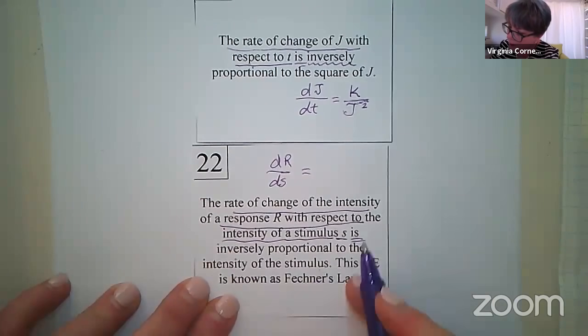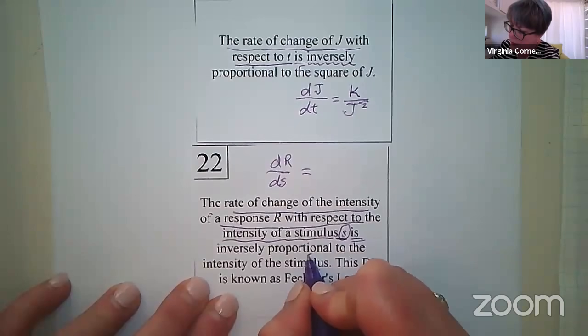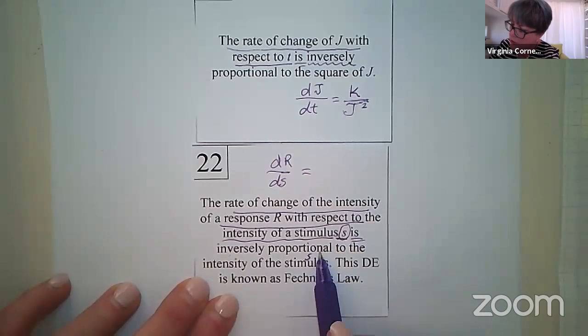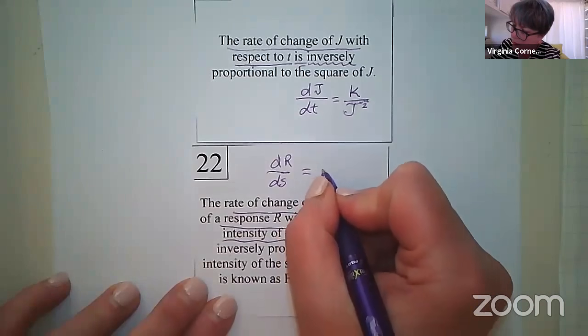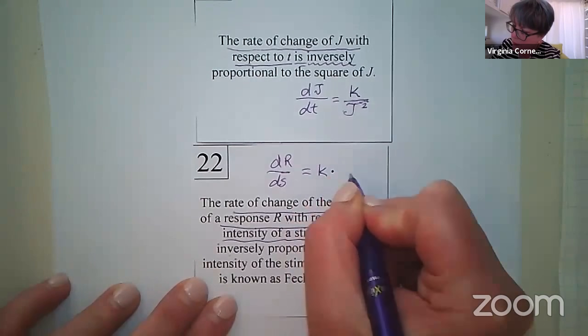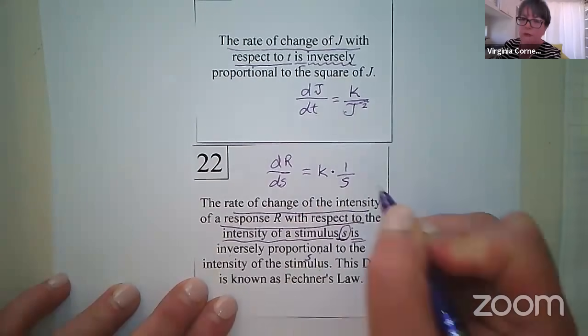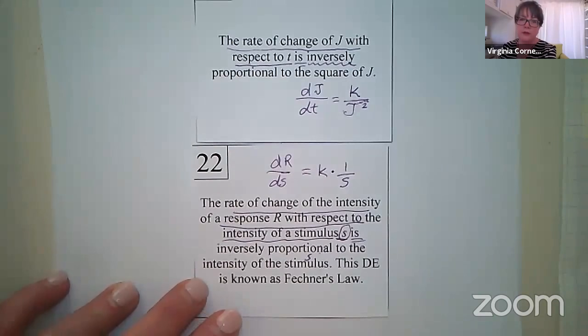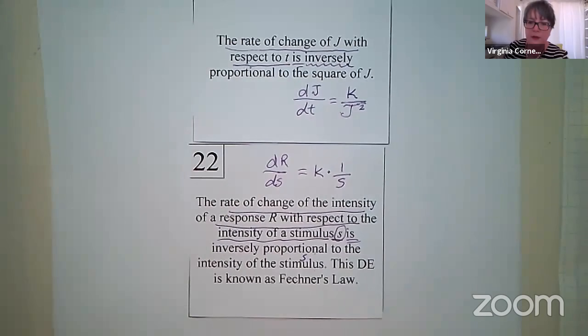So the stimulus is the S variable, inversely proportional. So I could say this is equal to K times 1 divided by S. I could also write that as just K over S if I wanted to.